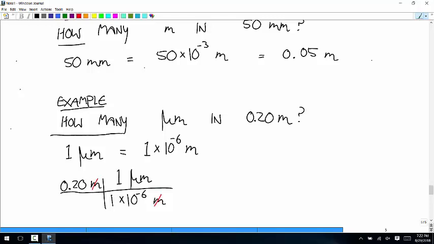The meters cancel, and you get 200,000 microns. So in 0.2 meters, there's 200,000 microns.